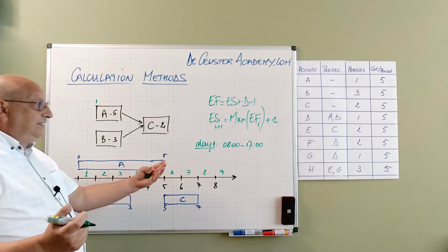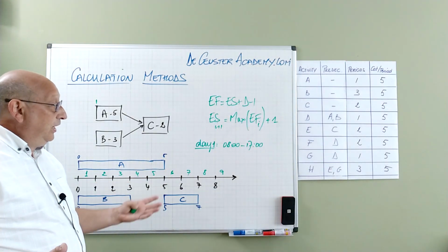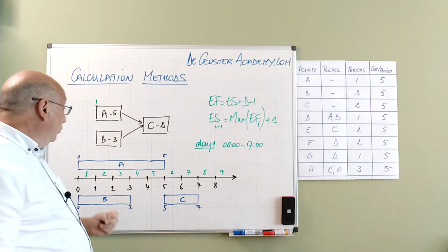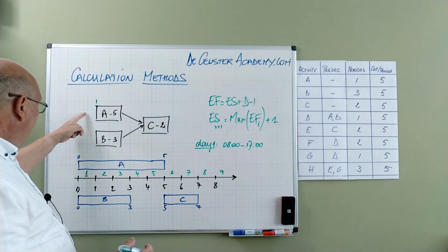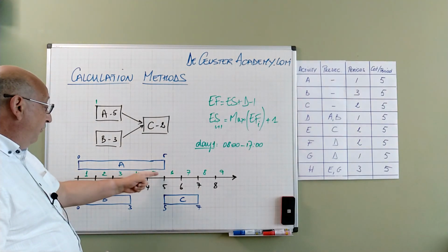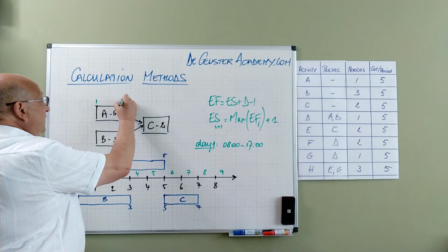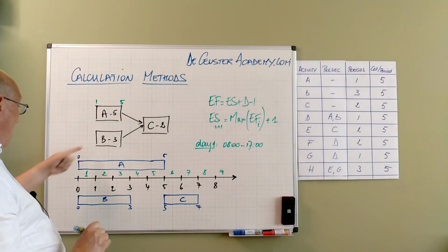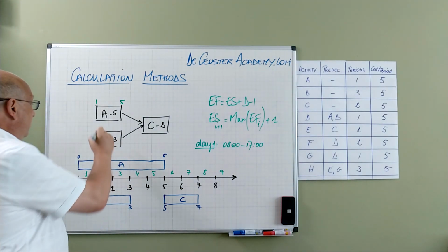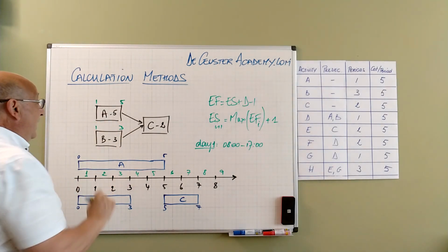This means that the next day we will start working will in fact be from 8 till 5 again, but then day 2. So we start here, we have 5 periods, 1, 2, 3, 4, 5. So we end at period 5. For B, we start at period 1, and we have 3 periods.